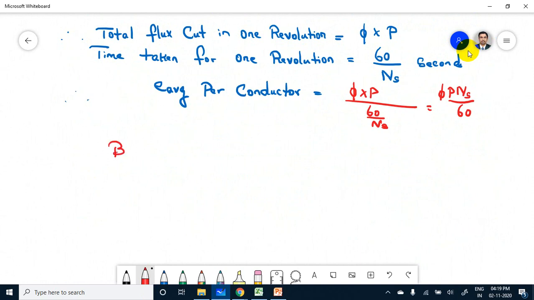But we know that F is equal to P Ns by 120. That is the frequency of induced EMF.